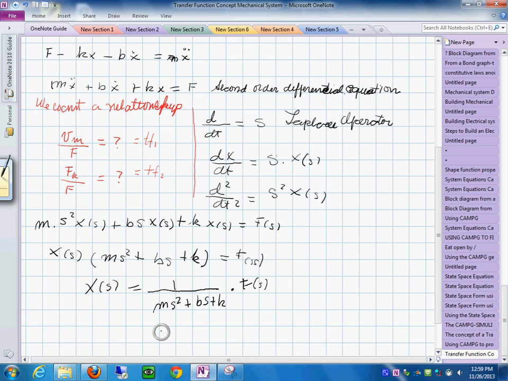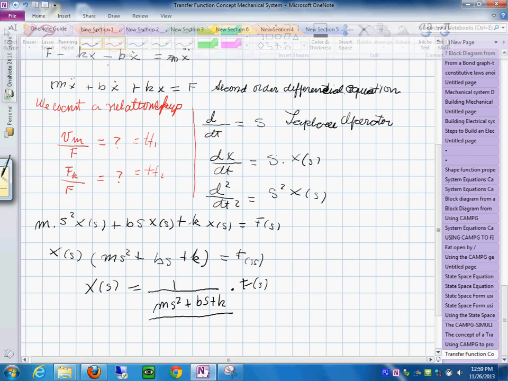So this thing in here is called a transfer function. It's called a transfer function.